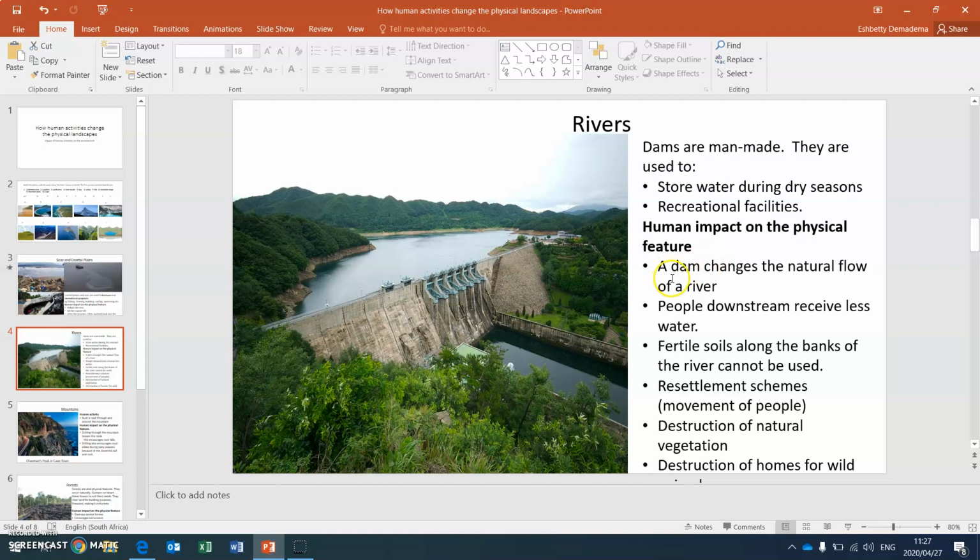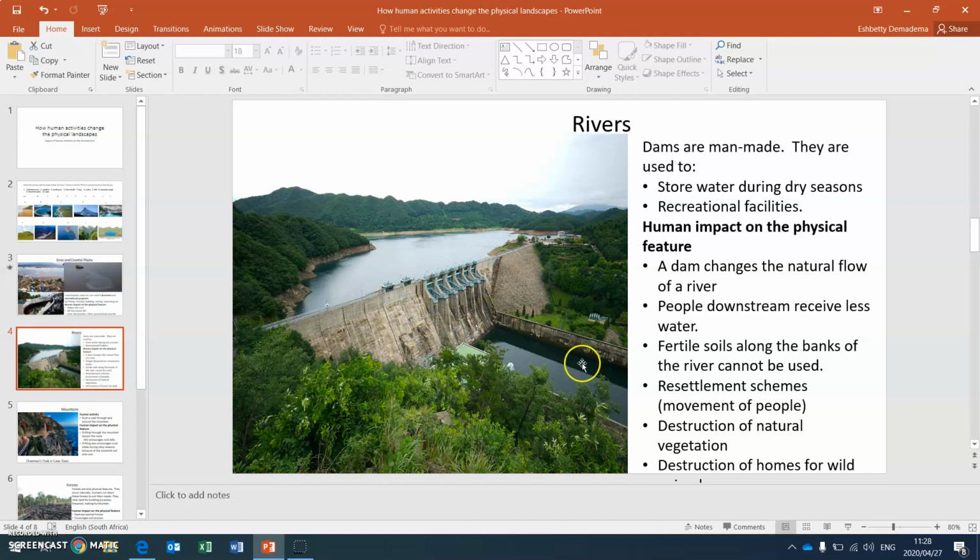When we build a dam on a river, we are actually changing the flow of the river. So if this river was coming from this way going that way, and then we decided to put this dam wall here, which means that we have changed its flow.